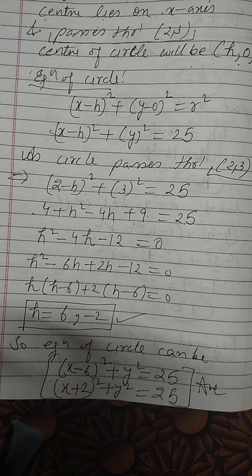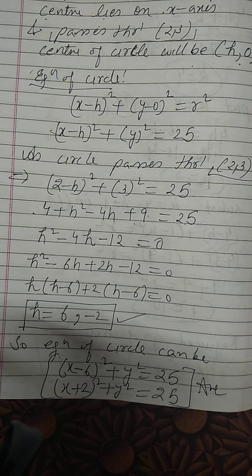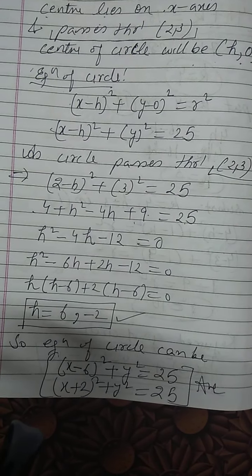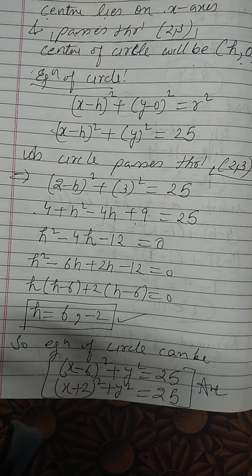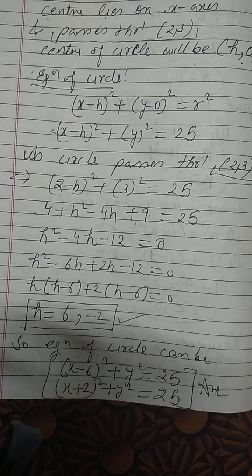Now sum number 13, we have to find the equation of circle passing through 0 0. Earlier the circle was passing through the point 2 3. Now in the next sum, number 13, the circle is passing through the point 0 0, so 0 0 will satisfy the equation, and it is making intercepts A and B on the coordinate axis.